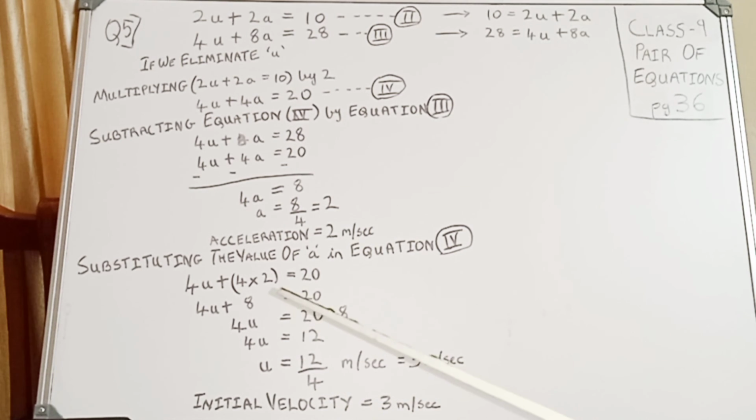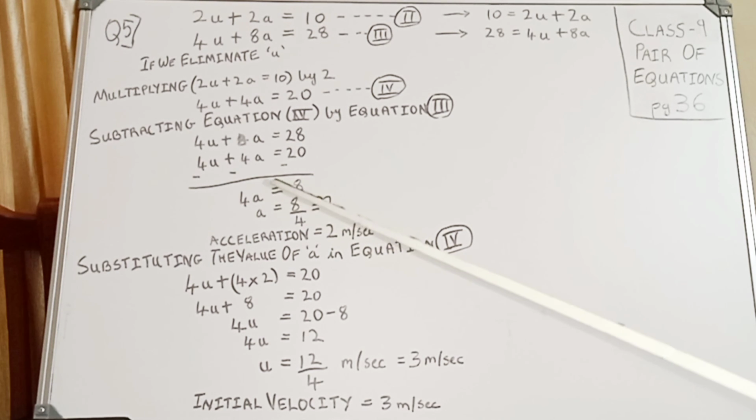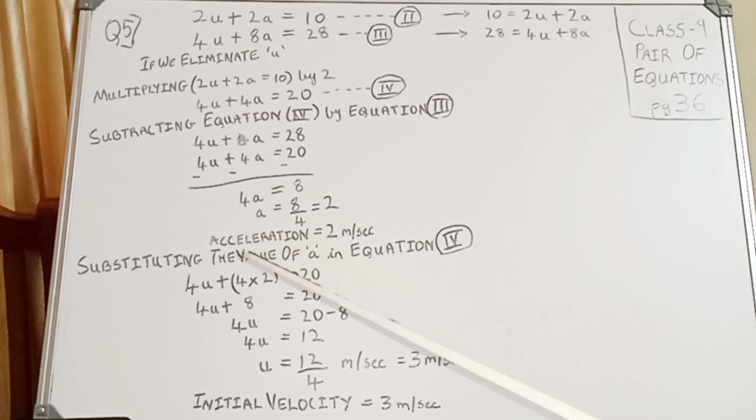By substituting the value of a in equation number 4, instead of a we put 2, calculated all these things, and later found that u is equal to 3 meters per second. So this is the initial velocity, 3 meter per second.